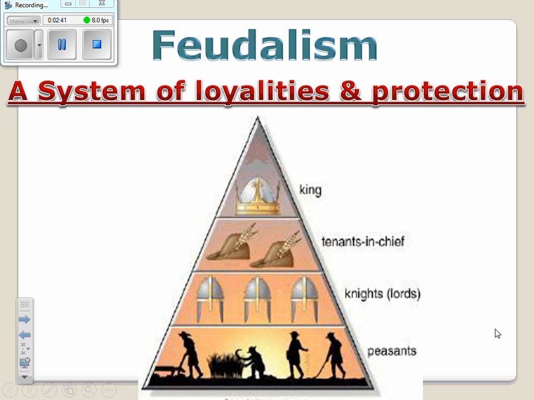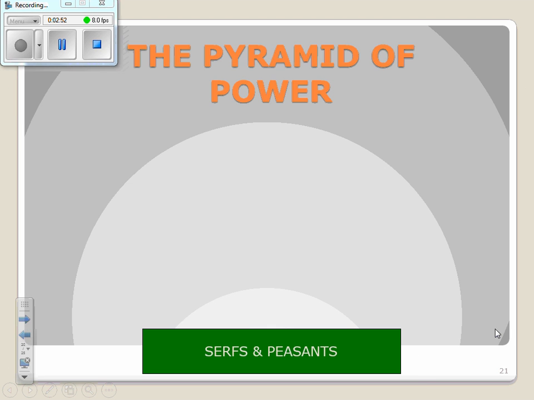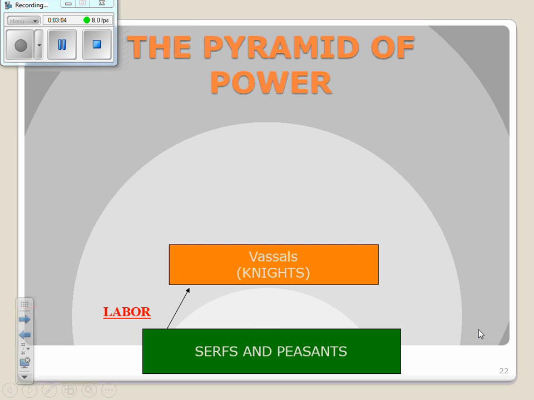So feudalism, the definition you want to write down, is a system of loyalties and protections. And we're going to talk about that loyalty and protection right now. So the first part of our feudal pyramid, serfs and peasants. So you have to understand the relationship, how feudalism works. At the bottom, we have serfs and peasants, and right above them, we have knights and vassals.